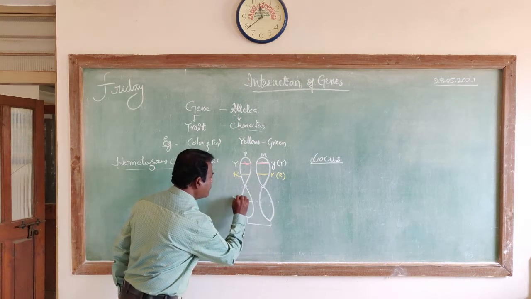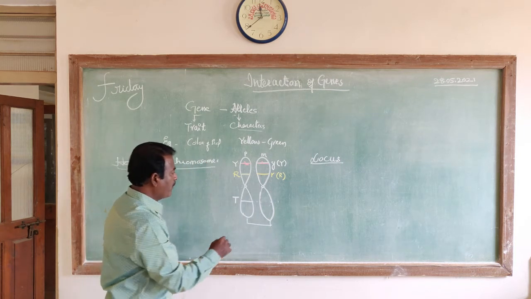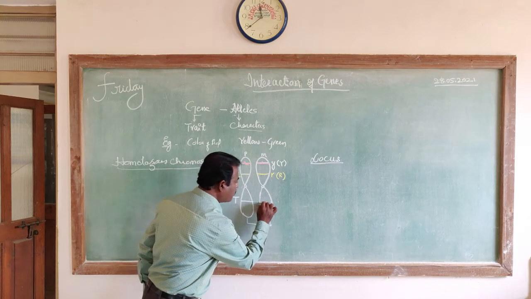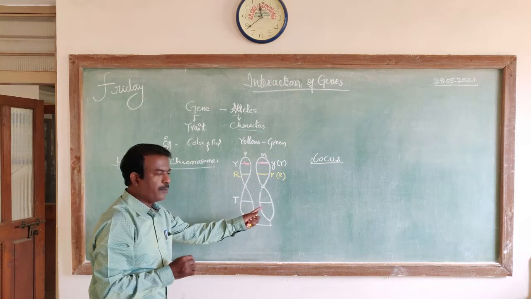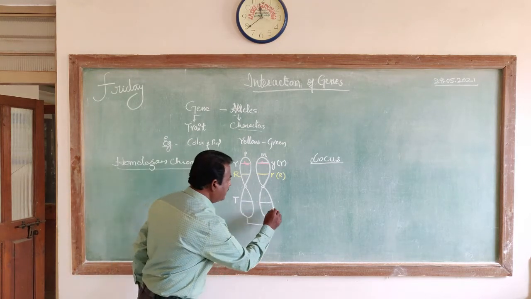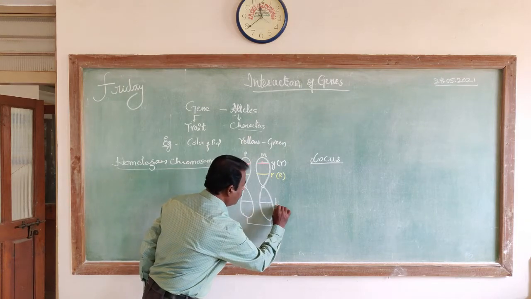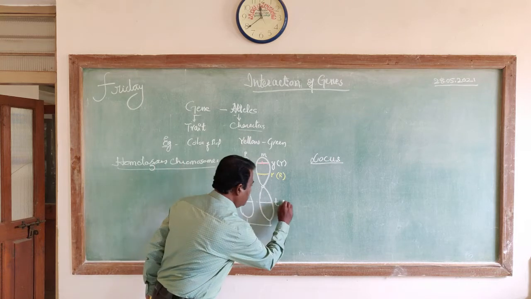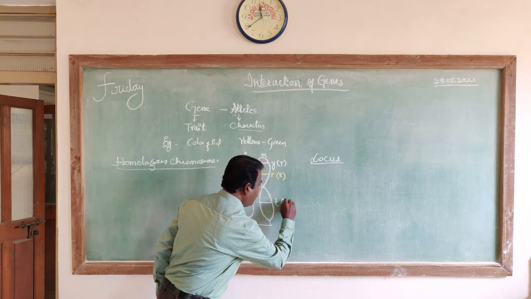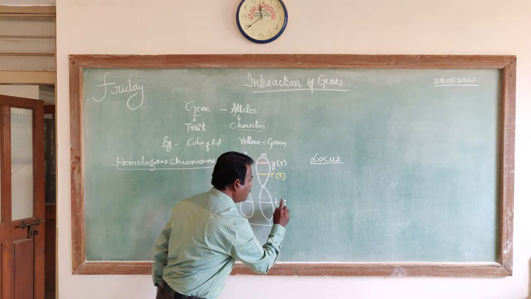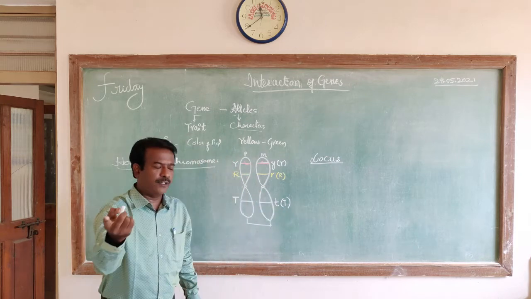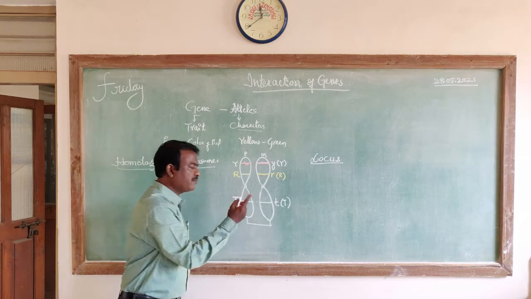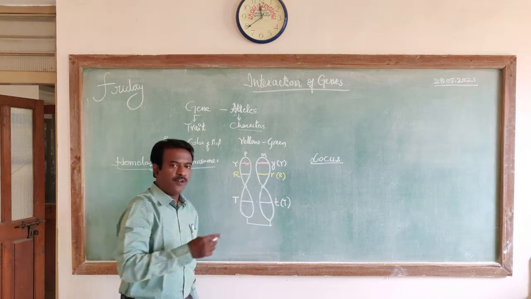Let me represent it by capital letter T, and corresponding to that on the maternal chromosome there is an allele for expressing height. It may be small t for expressing dwarf, or instead of small t we may also find capital T for tallness. Capital T is for tallness, small t is for dwarfness.